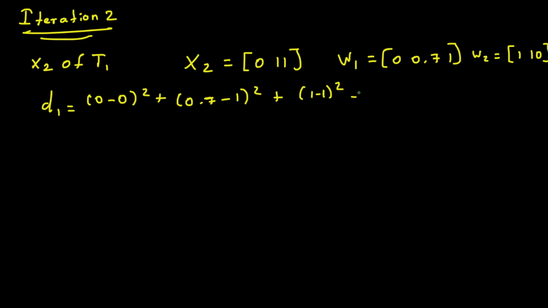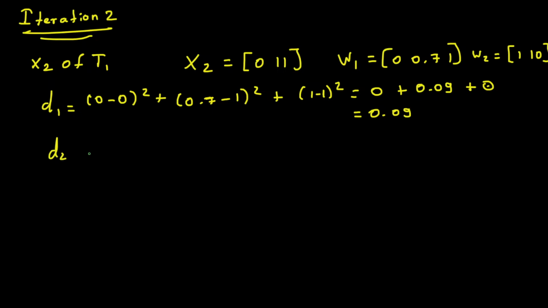So 0 remains 0 right here, and then plus 0.7 minus 1, which is 0.3, which if you square this one is 0.09, and then 1 minus 1, which is 0, so we're going to hit 0 here. So altogether we end up getting 0.09 as the answer for this one.